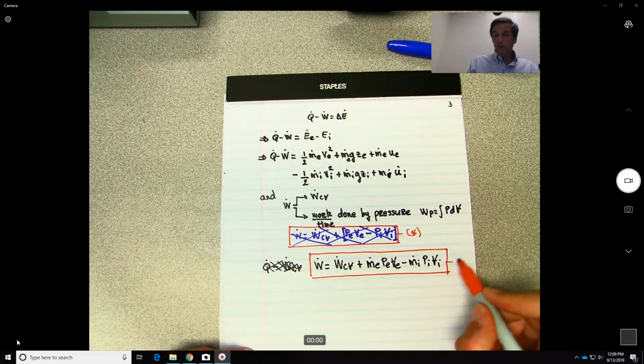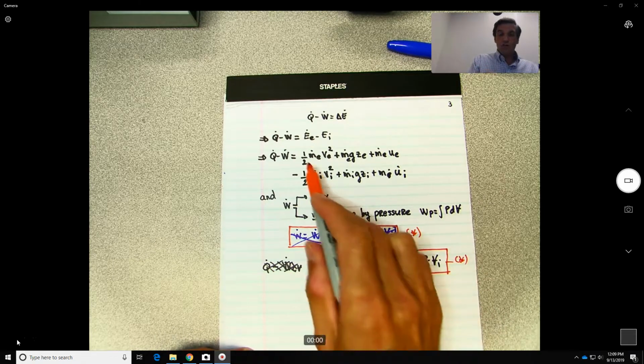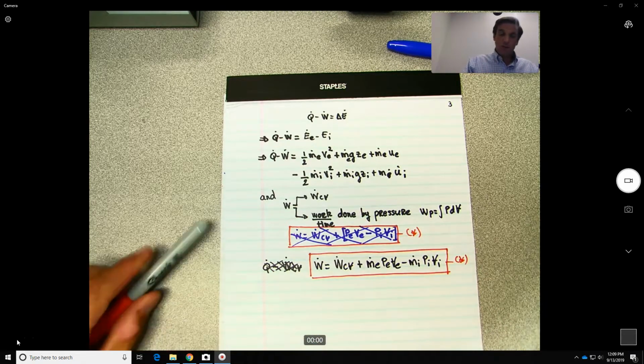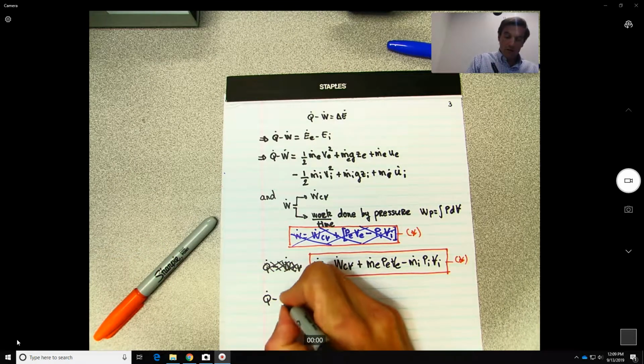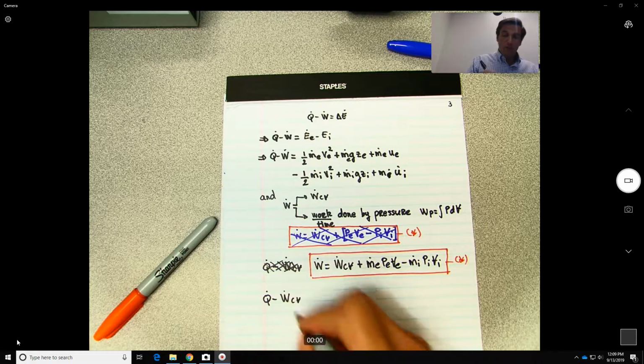So now I can substitute the star equation into the big equation over there, so that we get the following equation.